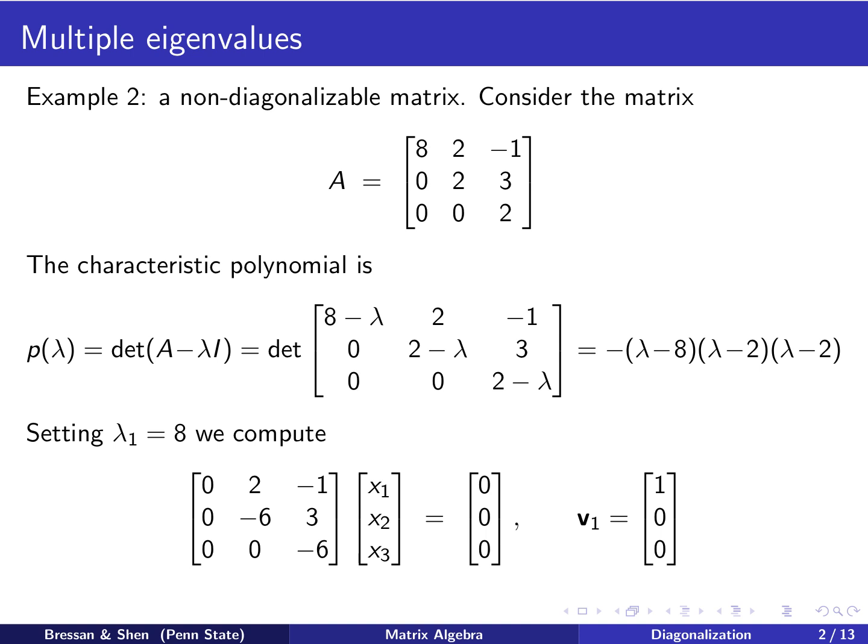We write out the matrix A minus lambda I, put lambda to be 8, and we get this matrix times x equals 0. We can find a solution V1, which is 1, 0, 0. If this is 1 and the other 2 are 0, then the system holds.